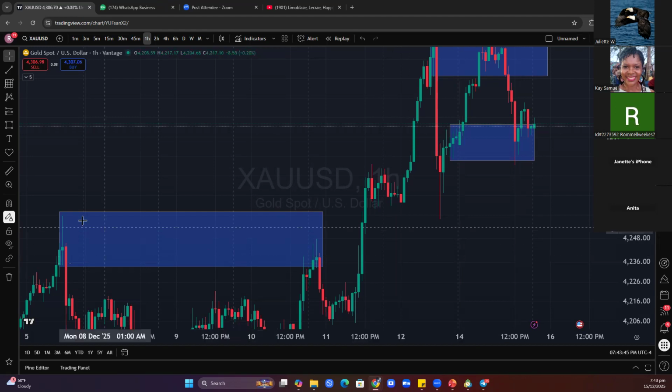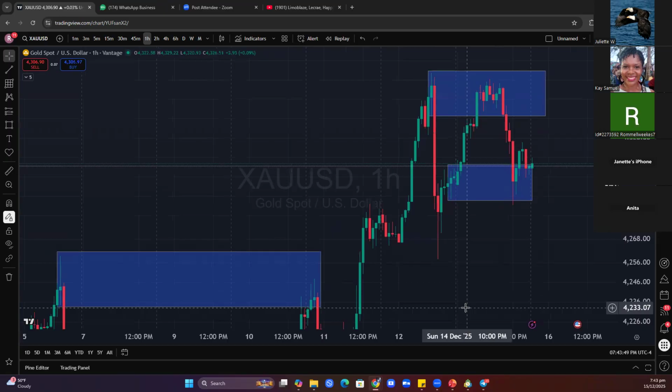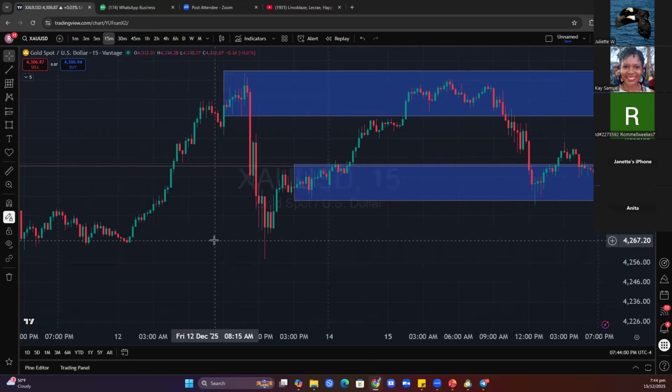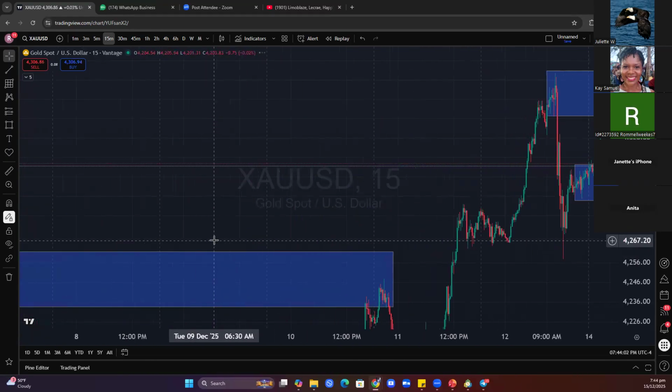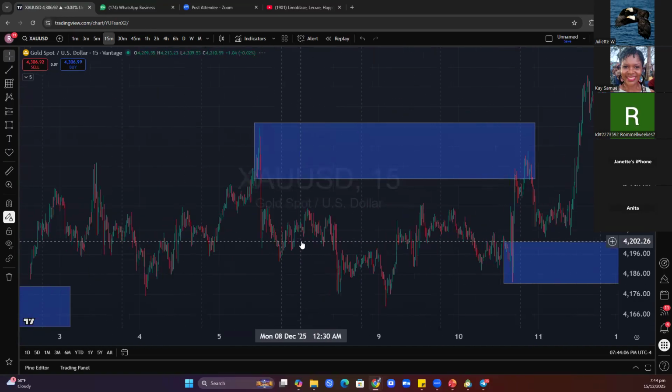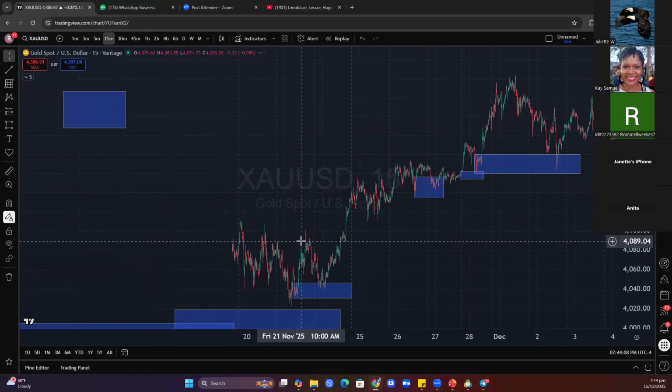So just take this for what it is, because we're gonna bring it further down and show you where we're going with all this. That's the hour. We're gonna drop now to the 15 minute and do the same thing. Always remember this: the lower the time frame, the more precise you get.